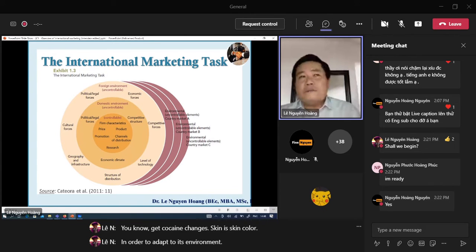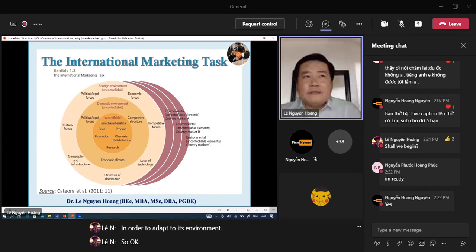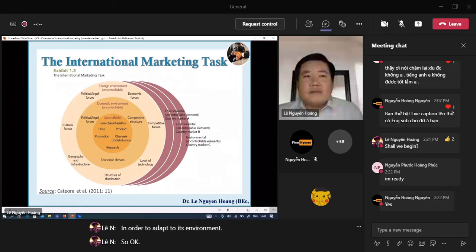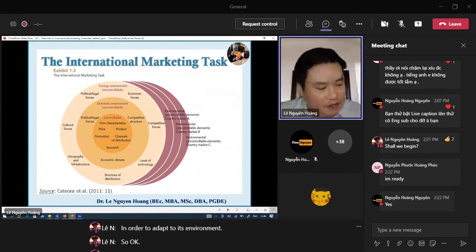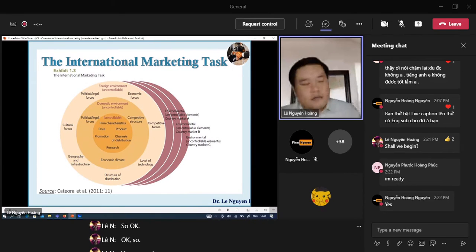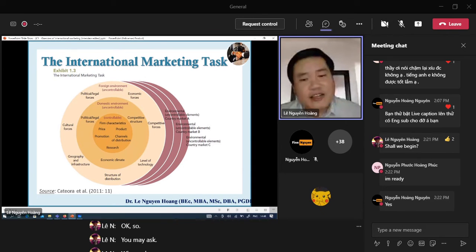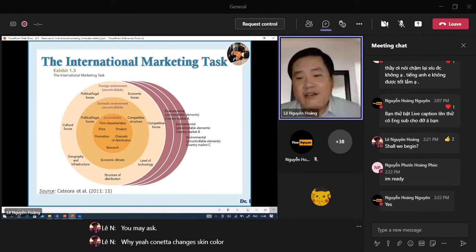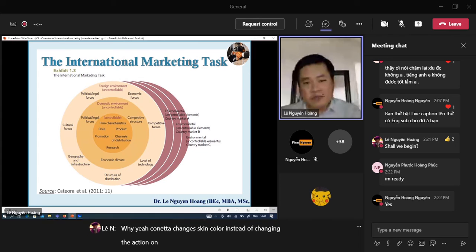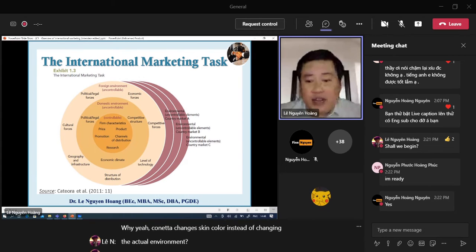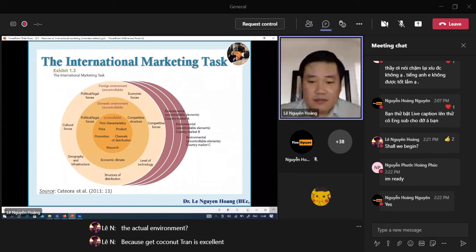So okay, you may ask, why does the gecko need to change its skin color instead of changing the external environment? Because the gecko cannot change its external environment.